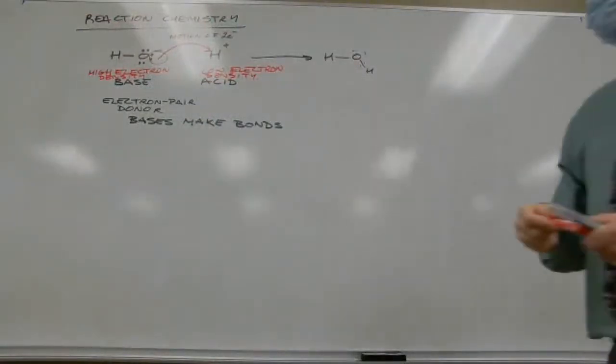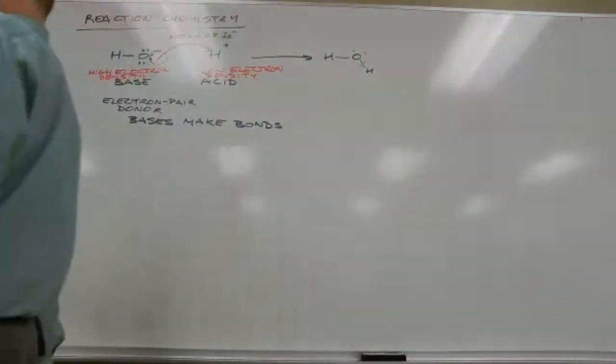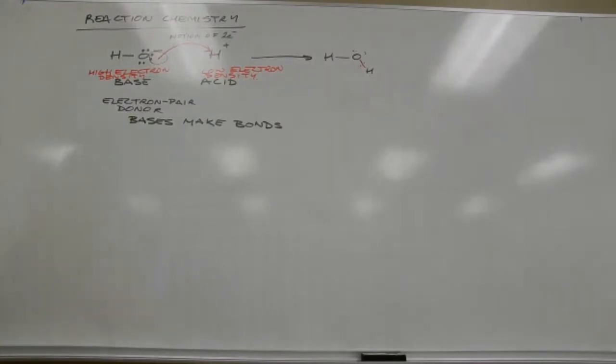Okay, super obvious question. How can I tell that hydroxide is an area of high electron density? I can count lots and lots of pairs of electrons. Anything else blindingly obvious about the hydroxide that would make it an area of high electron density?